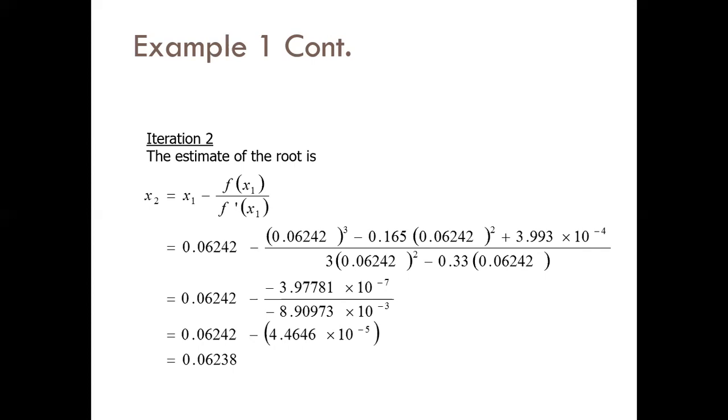Put the values of x1: 0.06242 minus (0.06242)^3 minus 0.165 into (0.06242)^2 plus 3.993 into 10 raised to minus 4, divided by 3 into (0.06242)^2 minus 0.33 into 0.06242. After solving all the calculation, the value is 0.06238.